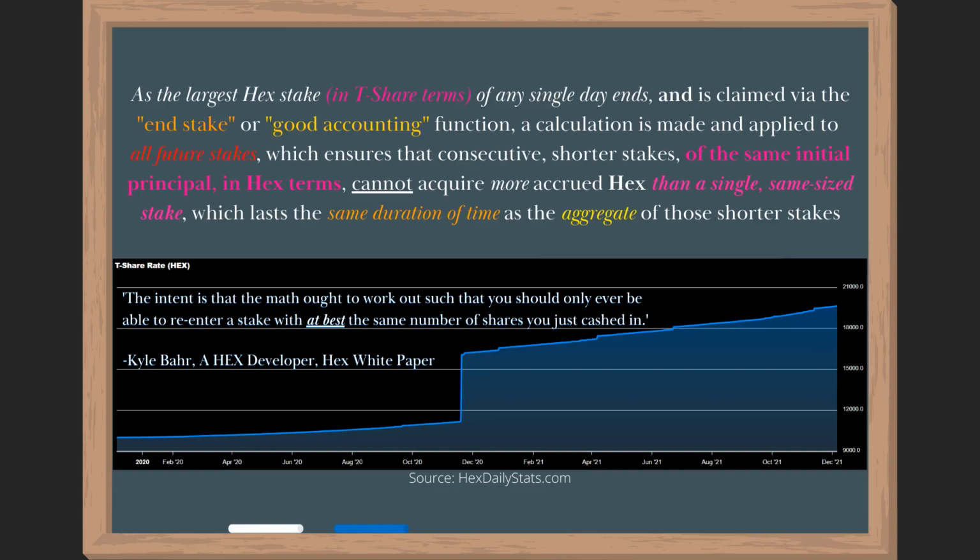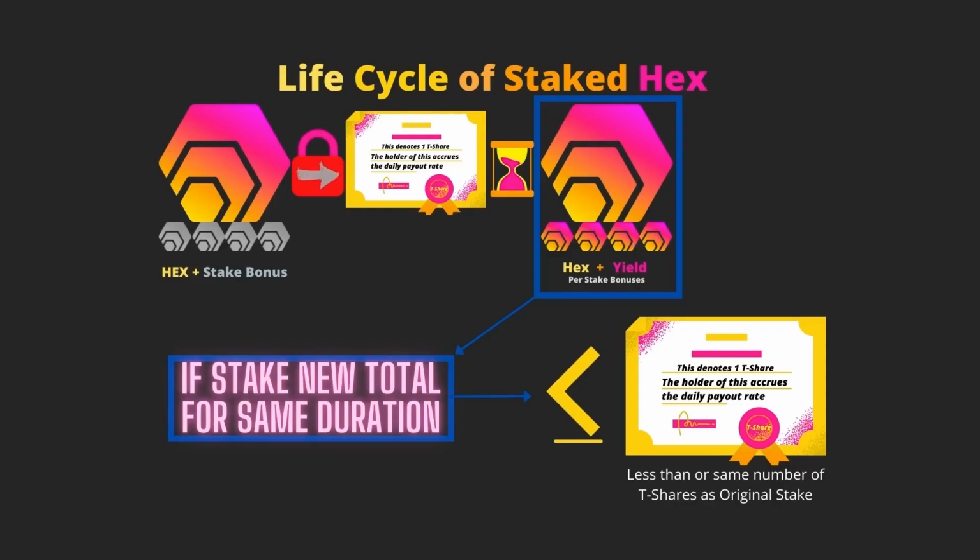This means that no matter how much Hex was staked, upon maturity, restaking the principal and the interest of the recently completed stake would never afford more T-Shares than the original stake from before.